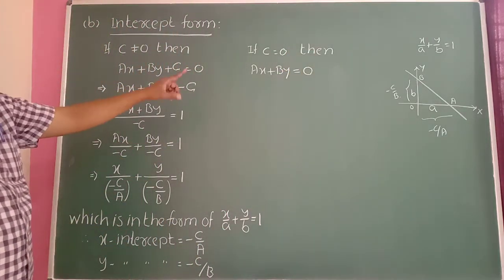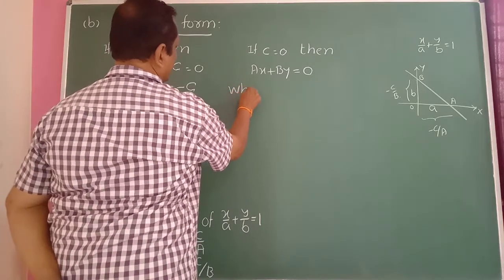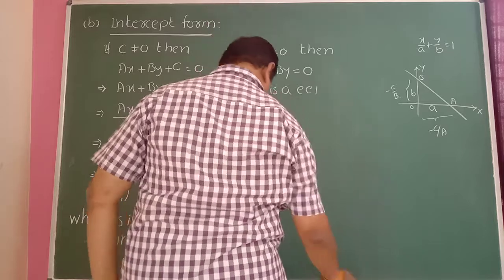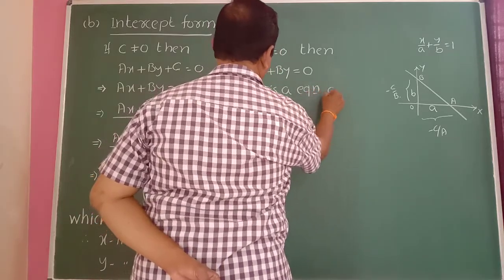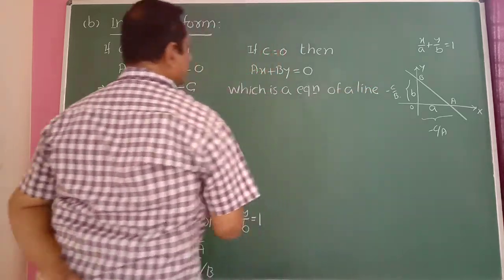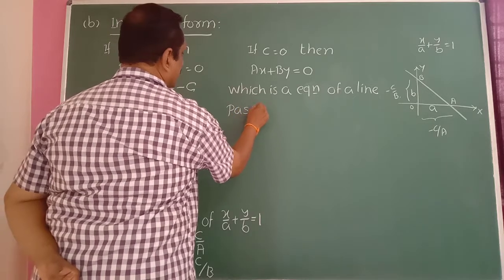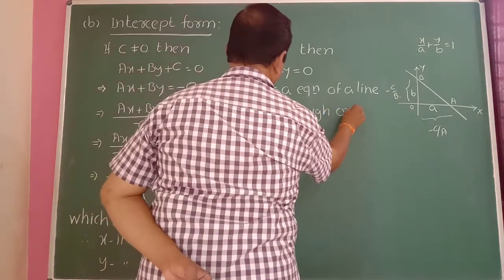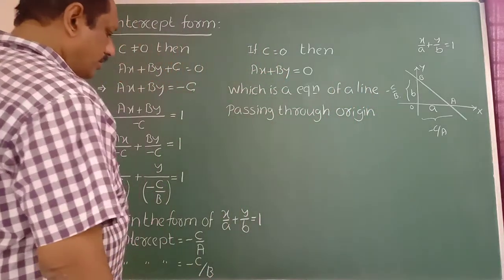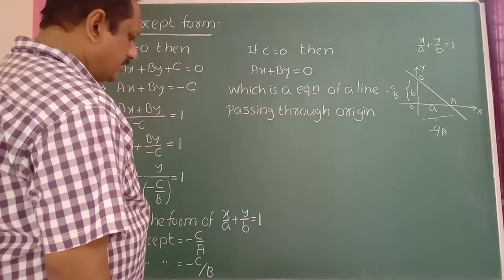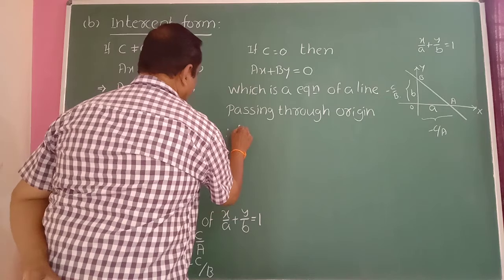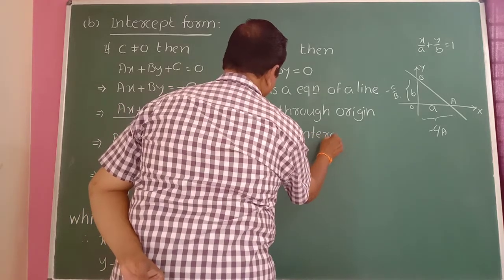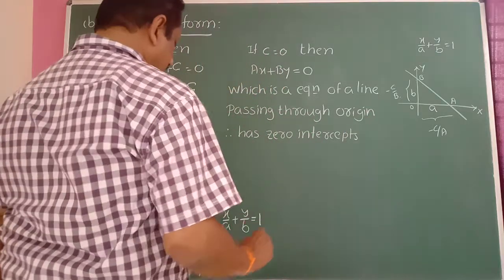Okay, so this is a line passing through the origin, which is the equation of a line passing through origin, and therefore has 0 intercepts on the axis.